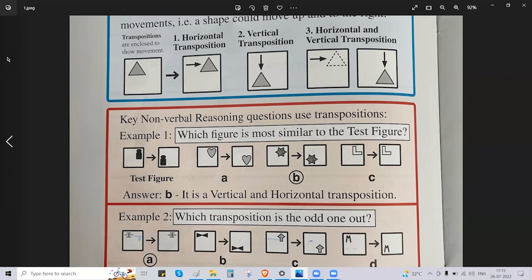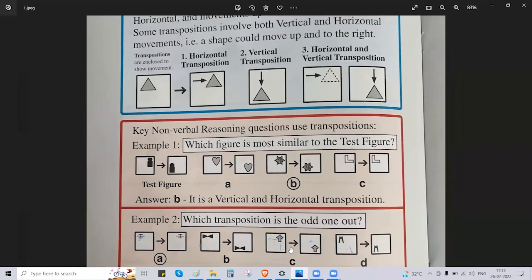So we can see all of these are going down, down, and down. The only one that's not going down is A because it's going to the left side. So it's A. Exactly. So here, what type of transposition is it? On A, it's a horizontal transposition. Yes, and in the rest of the images, we have vertical ones, right?